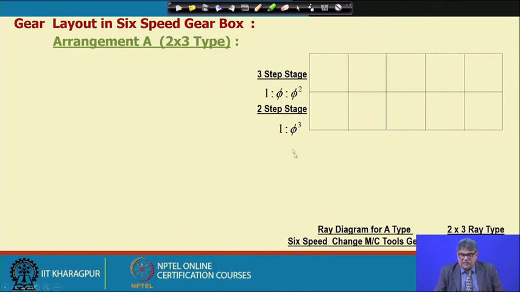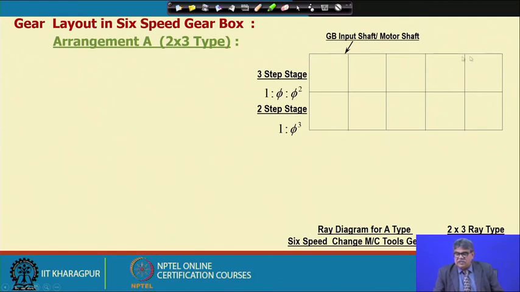Now, in the 2 step stage, the ratio is 1 is to phi cubed, where phi is the ratio in the GP series, and in the 3 step stage it is 1 is to phi is to phi squared.